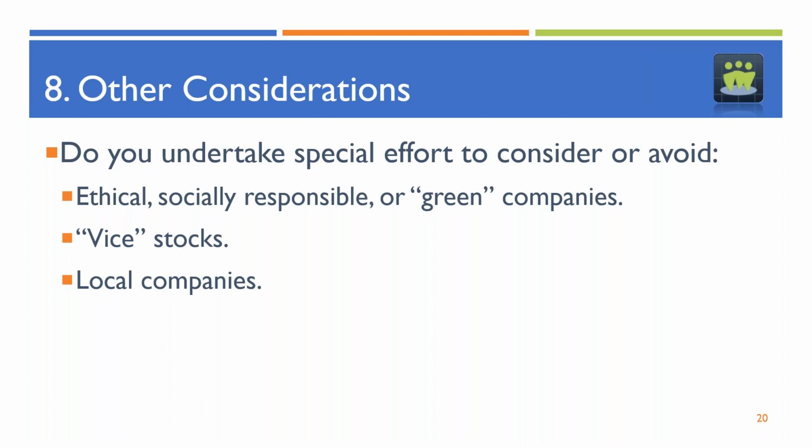Some clubs like to look for local companies, look in their own backyard, and that might be something to consider as well. And again, as with all of these, the way that you frame your investment policy statement doesn't have to be an absolute. You don't have to say we will always select companies that are ranked high for social responsibility.